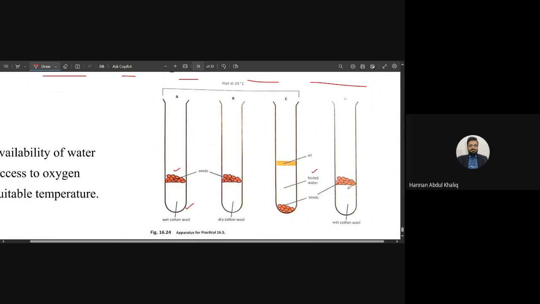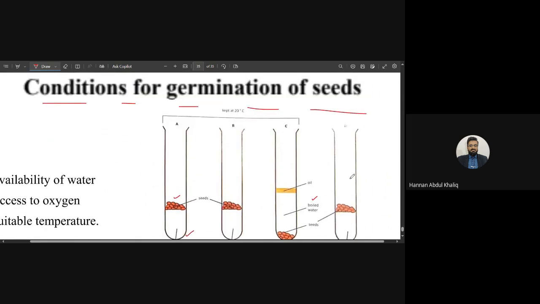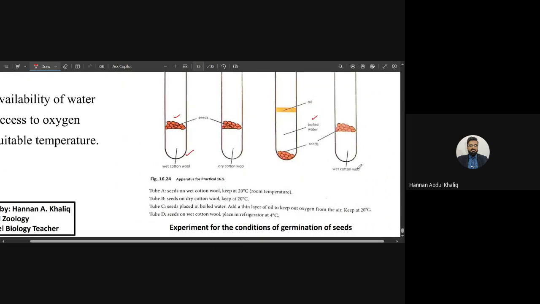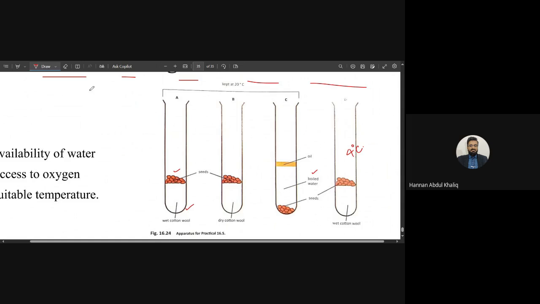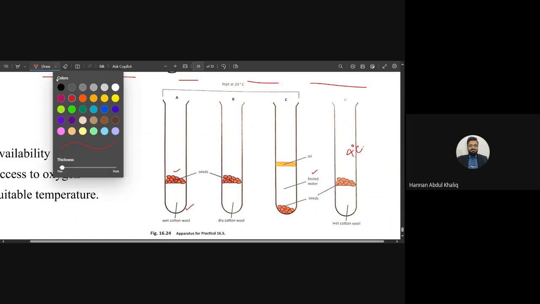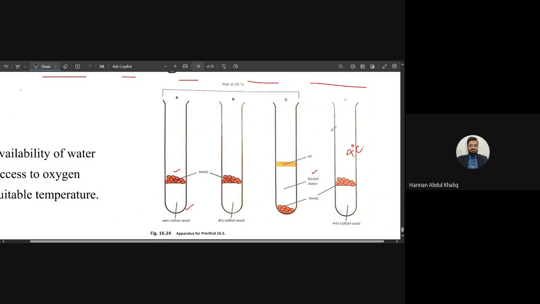And the D test tube also contains wet cotton wool and seeds, but it is being kept at 4 degrees Celsius. Now the question is, out of all of them, which one is most suitable for seed germination?